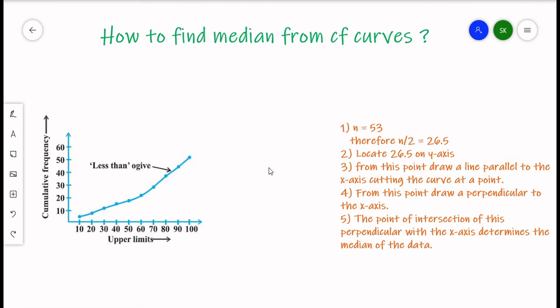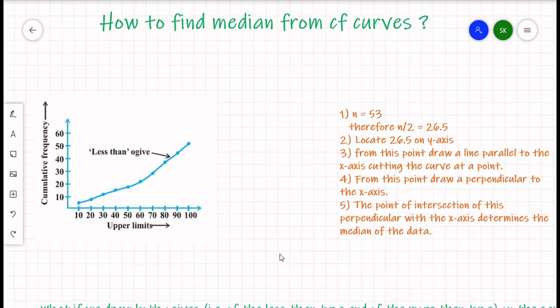From this point, draw a line parallel to the x-axis cutting the curve at a point. From here, you will draw a line, and from this point you will drop a perpendicular on the x-axis. The point of intersection of this perpendicular with the x-axis determines the median of the data. So let's see this.